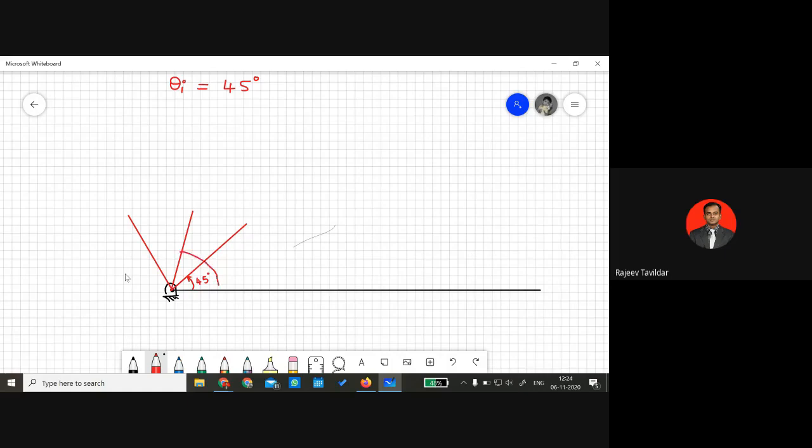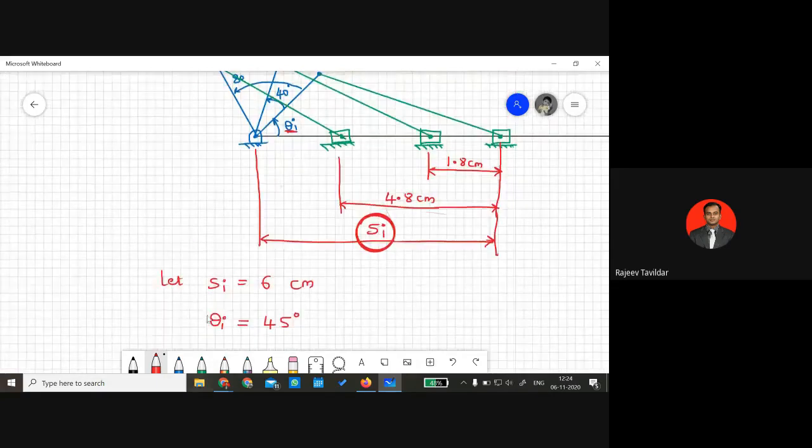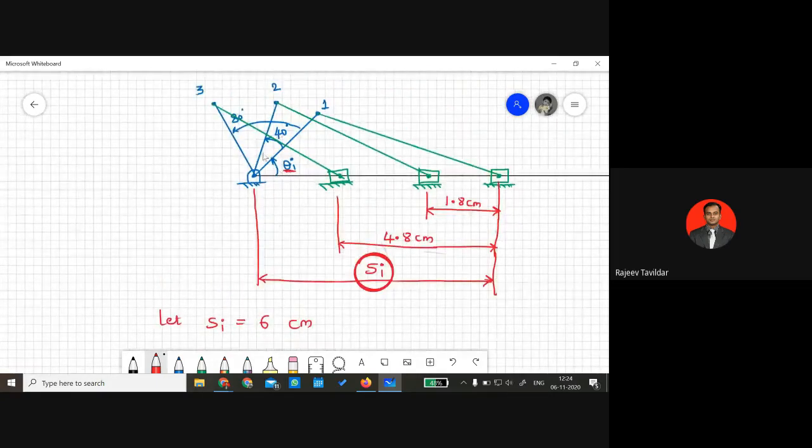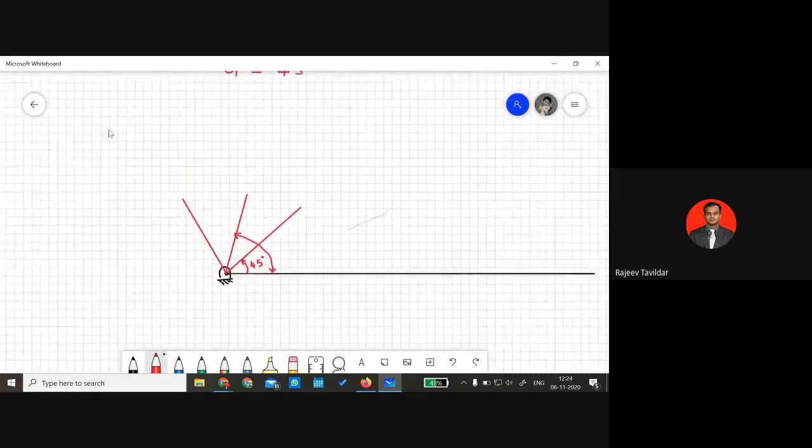I have to measure it in this fashion, not between 1 and 2, because in Freudenstein's equation it is asking us only theta 2. Theta 2 is the angle made by the crank with respect to the horizontal line. So first position, of course, I have made it as 45. In the second one, it will be 45 plus 40, that will be 85. So this angle is 85 degrees.